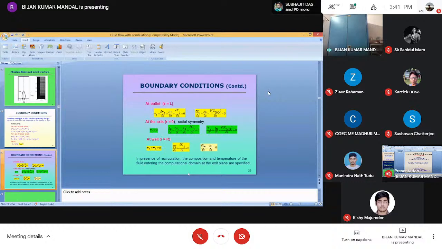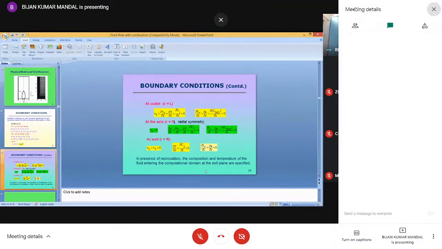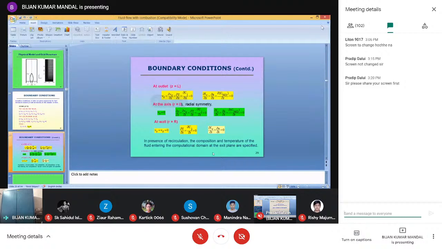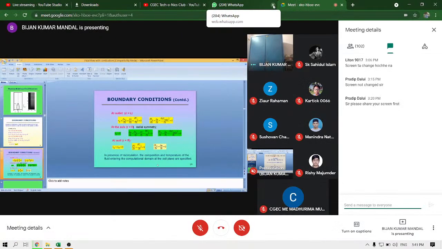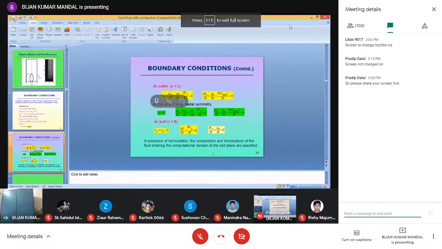Now sometimes, if there is a recirculation of air from the top, then the composition and the temperature of the fluid entering the computational domain at the exit plane is the same as that outside there. So these boundary conditions are given at the boundary, and this information will propagate throughout the computational zone following the rules of fluid mechanics or heat transfer that are given by those equations.